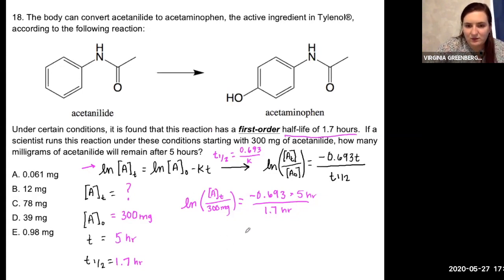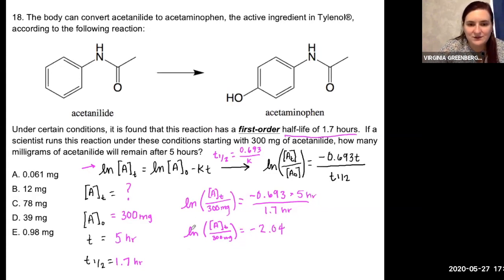And so when we solve this, we'll see that the natural log of A_t over 300 is equal to negative 2.04.